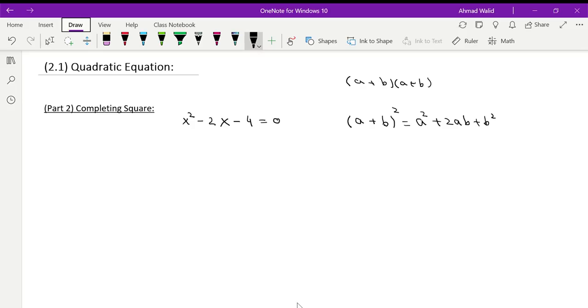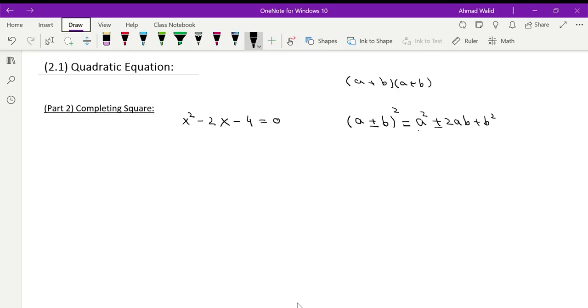Or if both of them are negative, you end up with a squared minus 2ab plus b squared. This is one of the identities in algebra. An identity means both sides of the equation are the same, correct?